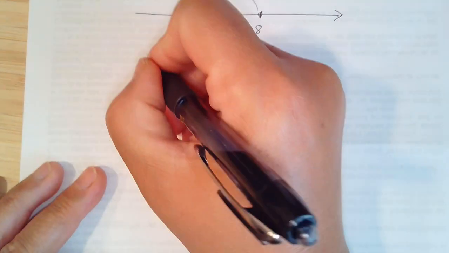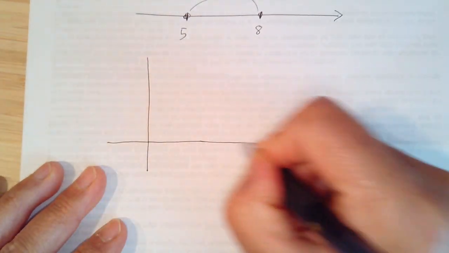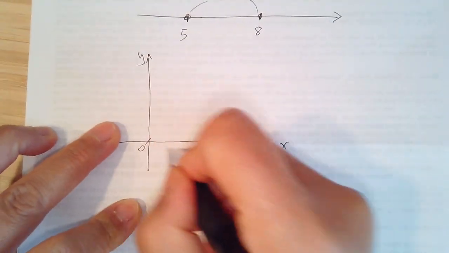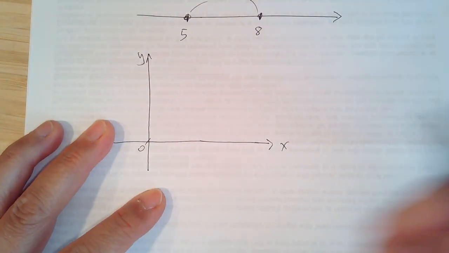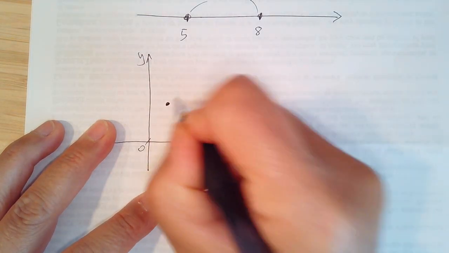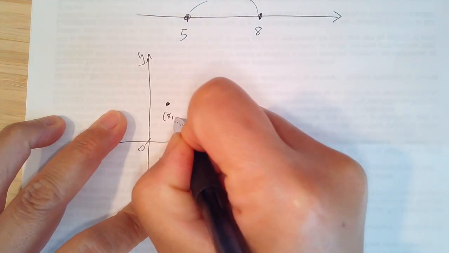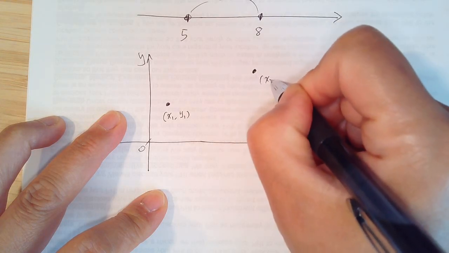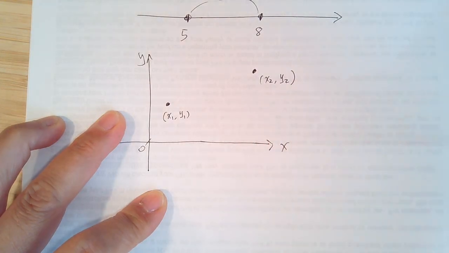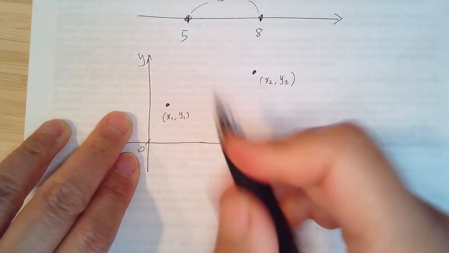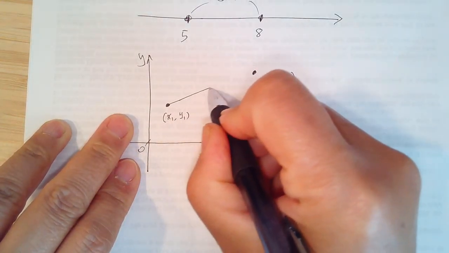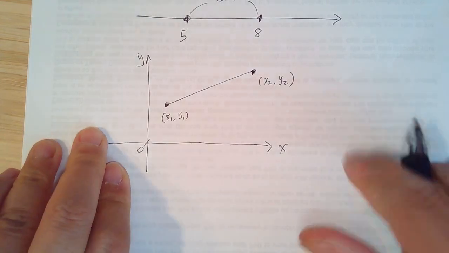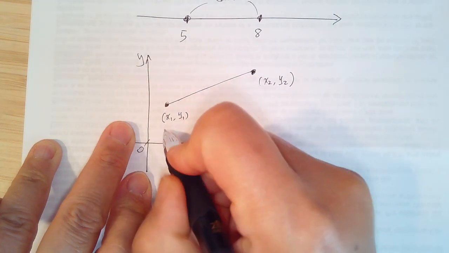What about in the two-dimensional space? If we have this x and y axis, there's a 0, and I got 2 points. See this one, that is x1, y1, and there's another point here, x2, y2. All right, can you find the distance between these 2 points? Okay, so let's do this.